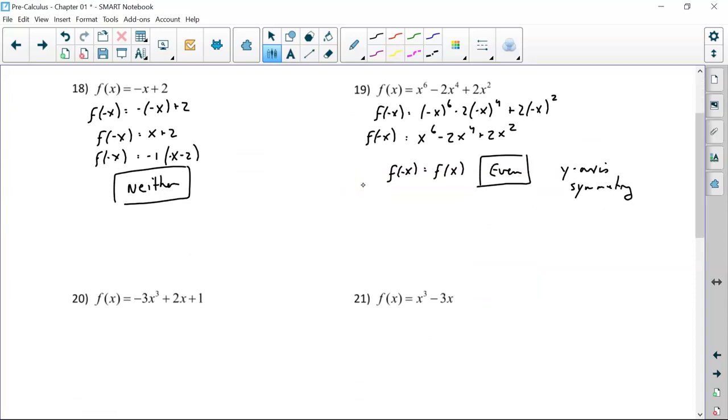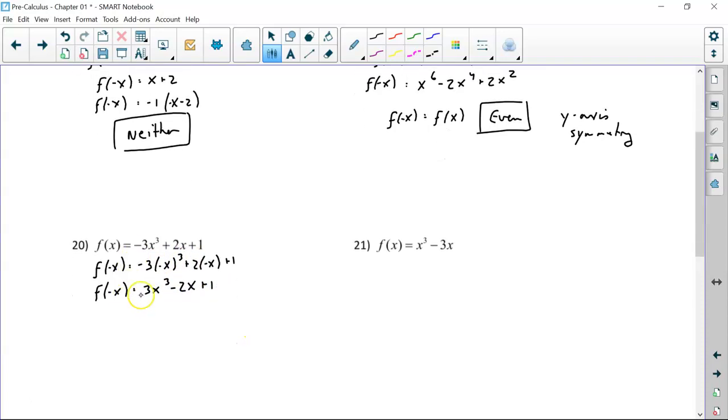Number 20, we're just still doing the same thing. f of negative x equals negative 3 times negative x cubed plus 2 times negative x plus 1. So negative x cubed is a negative times negative 3, so it's going to be a positive 3x to the third, minus 2x plus 1.